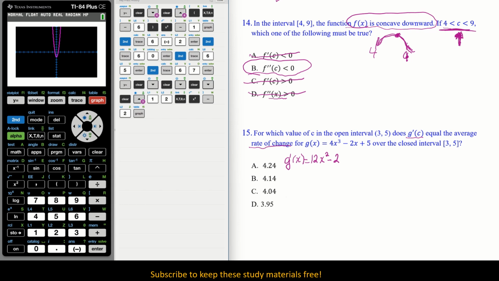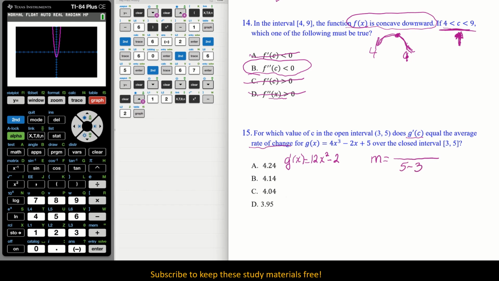So now we need to find the slope at that point. We need to know what that slope is. How do we do this? We need 5 minus 3.